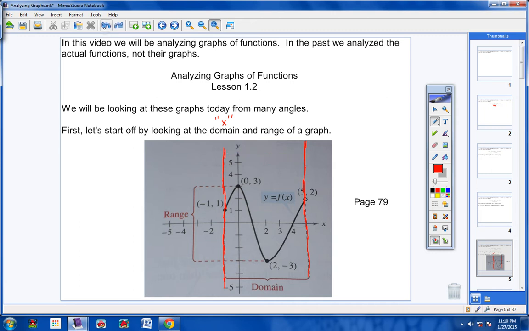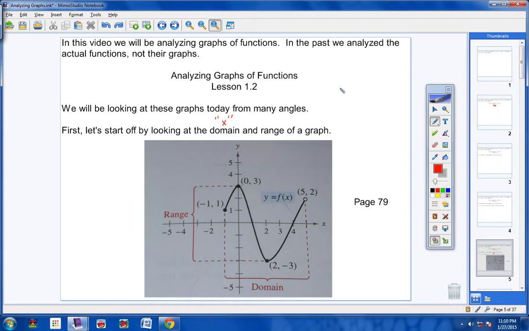So that's your domain. So your domain starts at where on the x-axis? -1, and goes all the way to where on the x-axis? 5. However, please notice something. Notice how this point here is closed, shaded in, and this point is not.